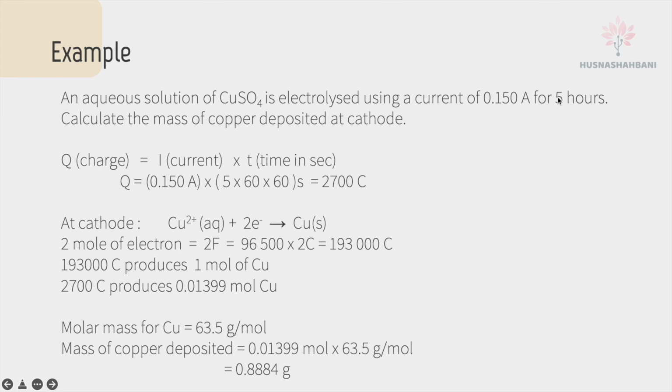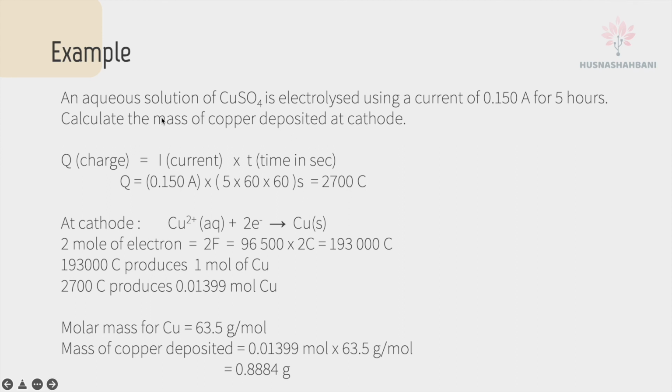You can calculate Q because Q is equal to I t. I is 0.15 ampere, t is 5 hours times 60 times 60 to get in second. So the value of Q equals 2,700 coulomb.